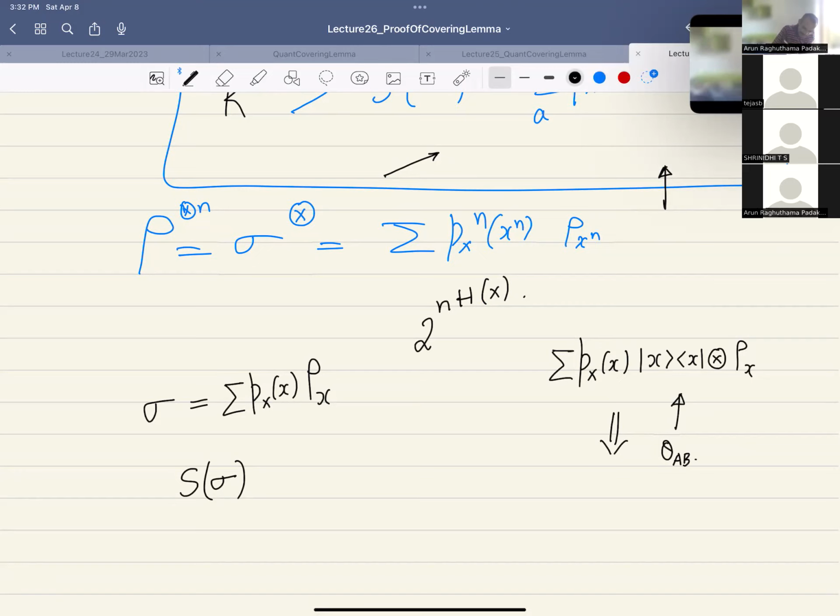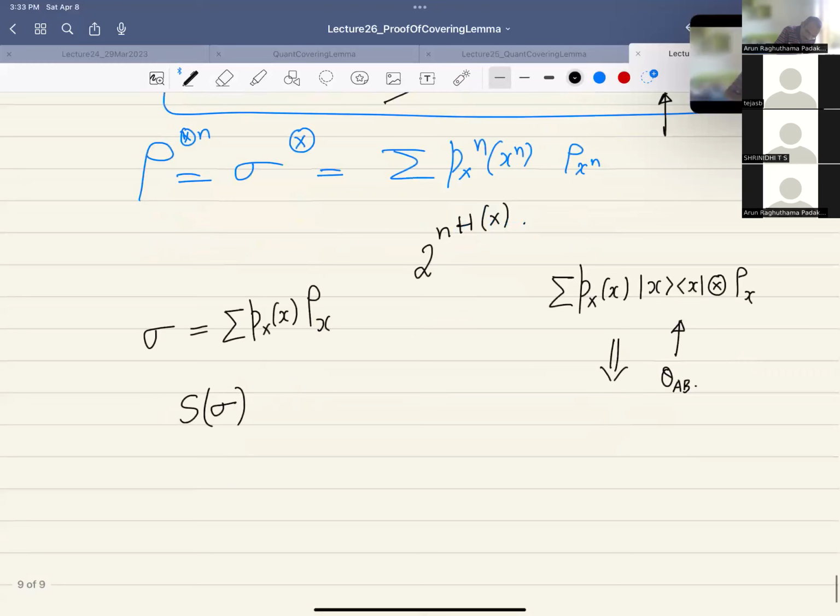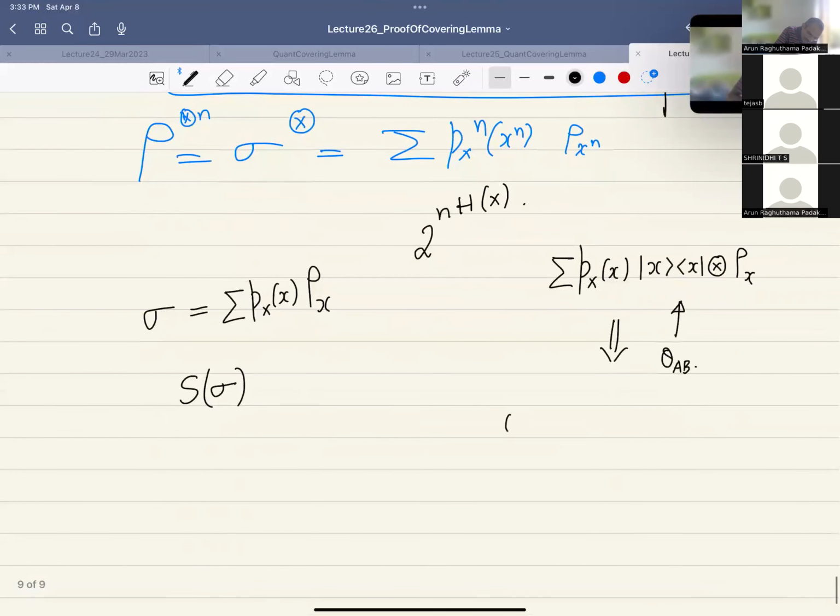See, if you call this theta AB, observe theta B is sigma, and observe that theta A is the distribution Px.